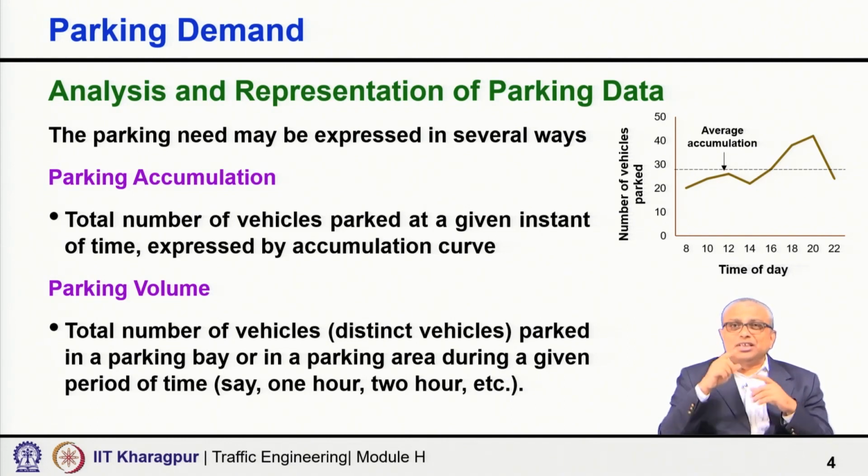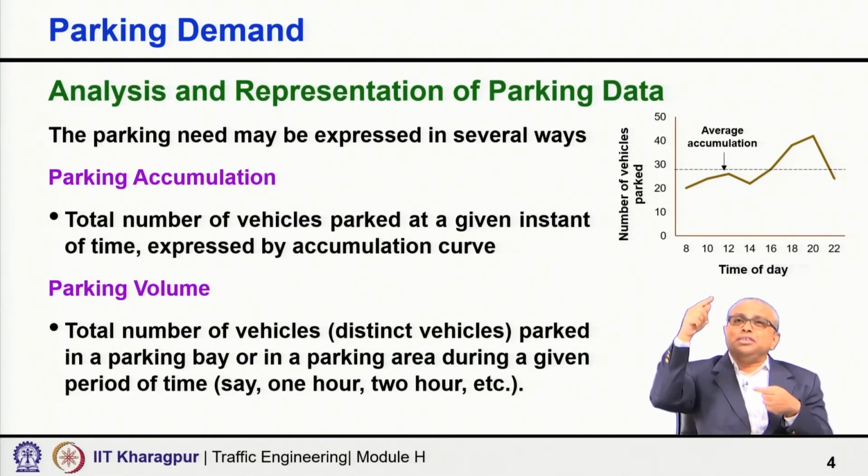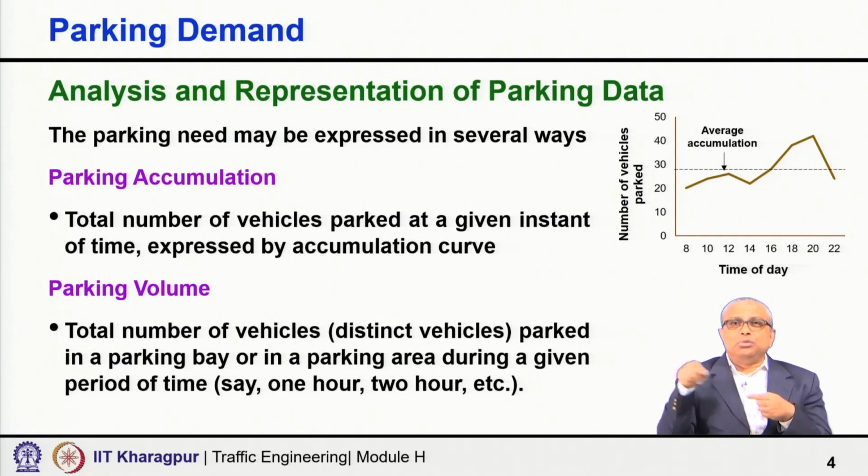Say it is 8 o'clock in the morning, I have taken a measurement and I know exactly how many vehicles are parked at 8 o'clock. Street-wise, parking zone-wise, or for the overall study area, I can understand how many vehicles are parked at 8 o'clock, how many at 9 o'clock. The same is possible in an off-street facility.